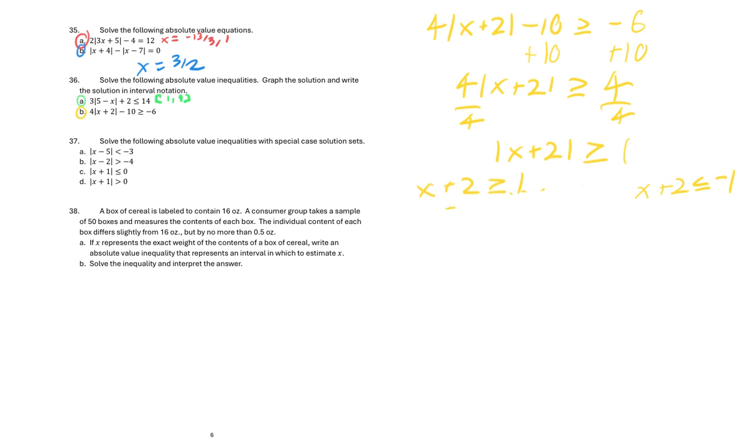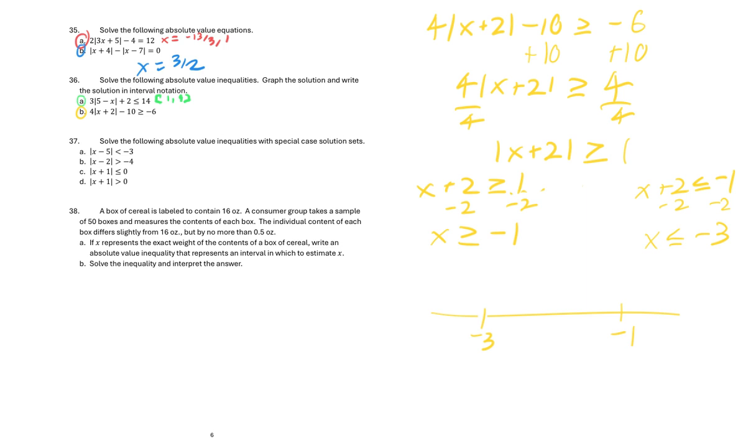So, subtracting 2 on both sides for this one, we're going to have x is greater than or equal to negative 1. Subtracting 2 on this one, we're going to have x is less than or equal to negative 3. So drawing this on our number line, or graphically, we're going to have negative 3, negative 1.